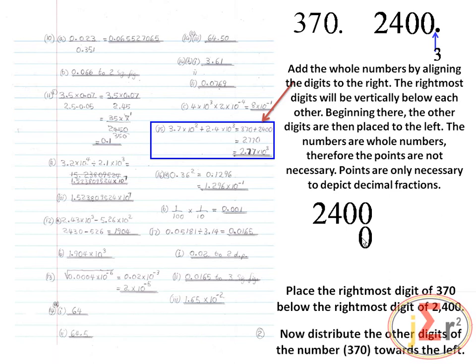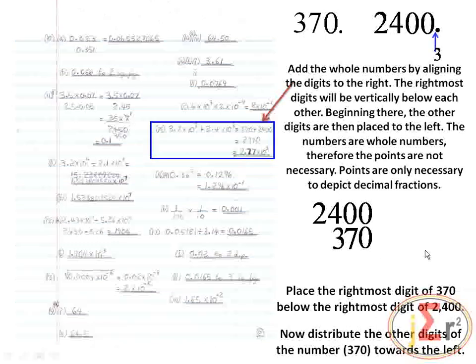And then what happens? Now distribute the other digits of the number, which is 370, towards the left. So let us do that. Put the 7, then put the 3. They are vertically aligned there. And do not forget that we need to align the rightmost digit with the rightmost digit.